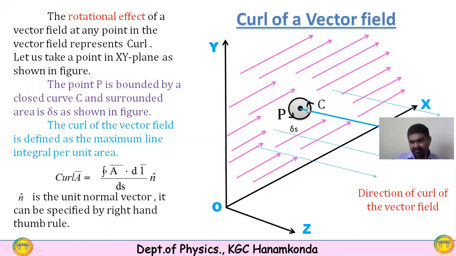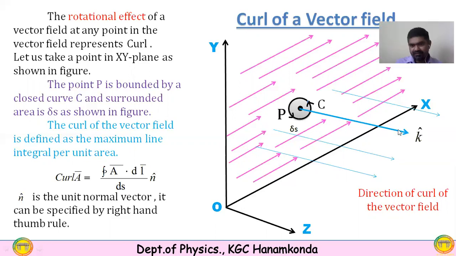Therefore, we get another vector, which is the curl, perpendicular to this plane. That field direction is characterized by the right hand thumb rule. Here, this closed loop is in the anti-clockwise direction.